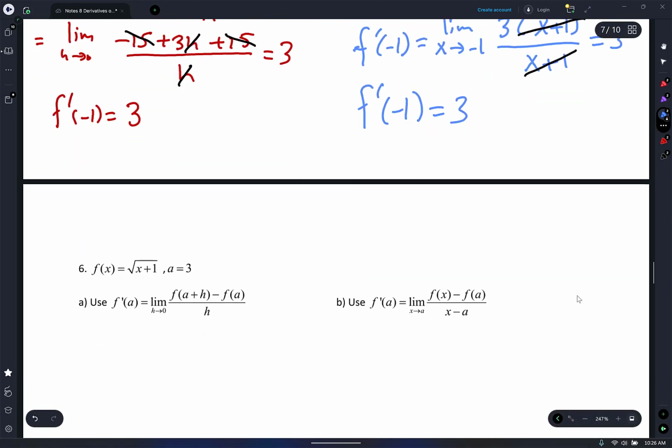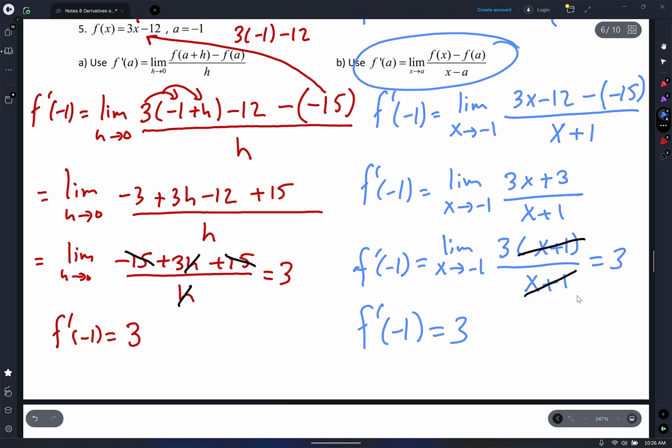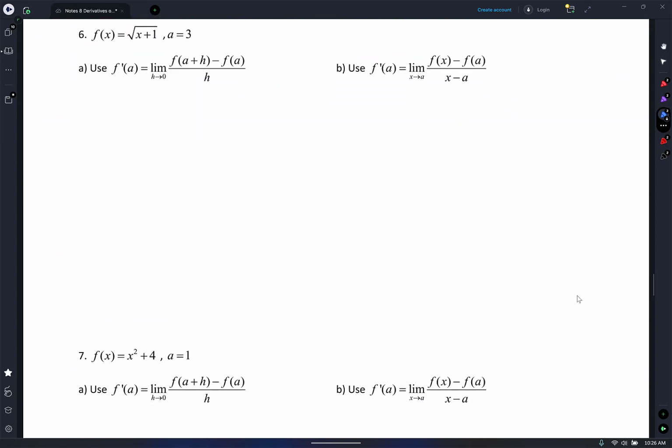Next year, I'm going to do this one first and ask the class of 2025 which one they like first, and they're going to tell me they like that one, and I'm going to say last year the class of 2024 did the other one. You should tell them that we like the f of x one better because we thought it was harder and more challenging. It's all the same.